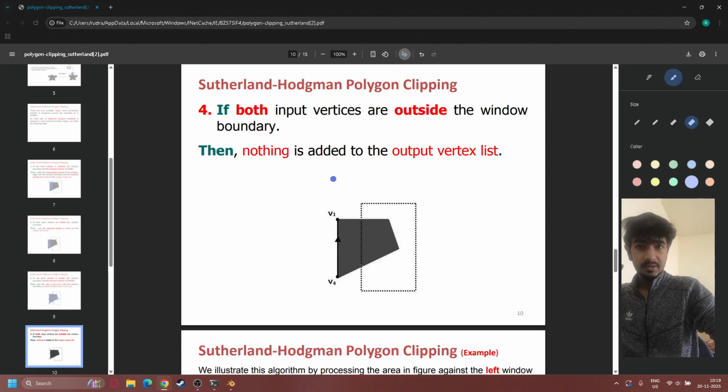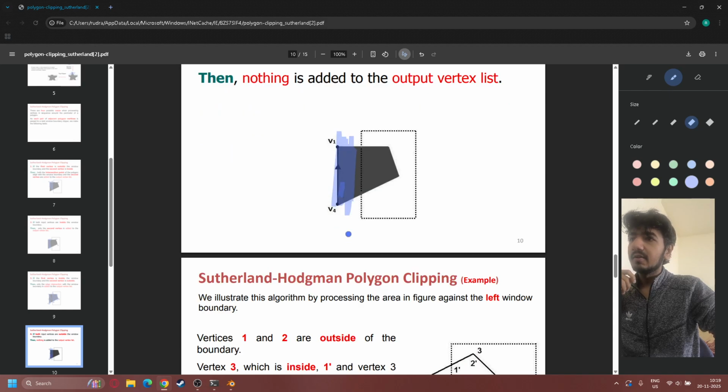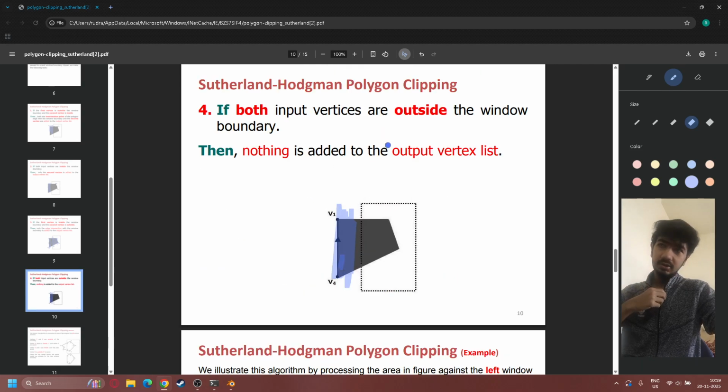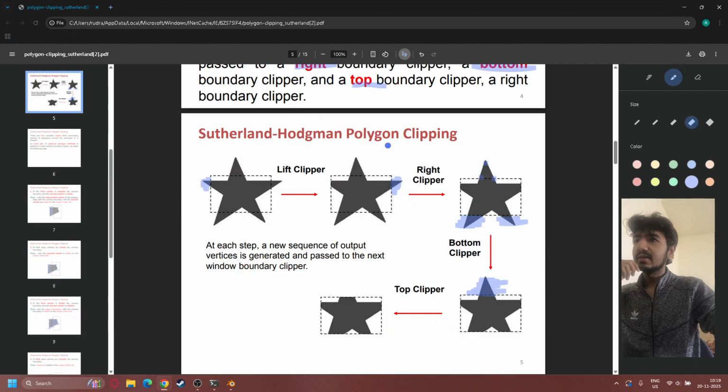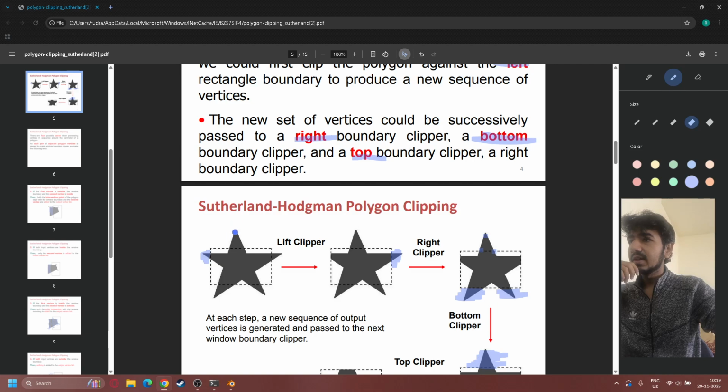In the fourth and final case scenario, both input vertices are outside, so obviously nothing will be added because we don't need that part. So this whole portion is ignored, and finally we get our clipped polygon, just like in our star pattern. The same thing happened: this vertex was outside, so this whole pattern was ignored. Here these vertices are on the point, so this pattern was involved, but everything else was removed similarly.